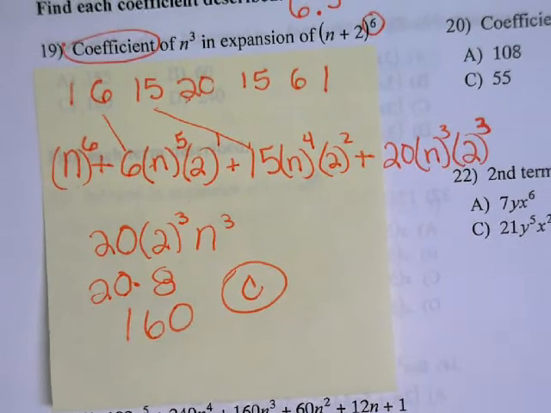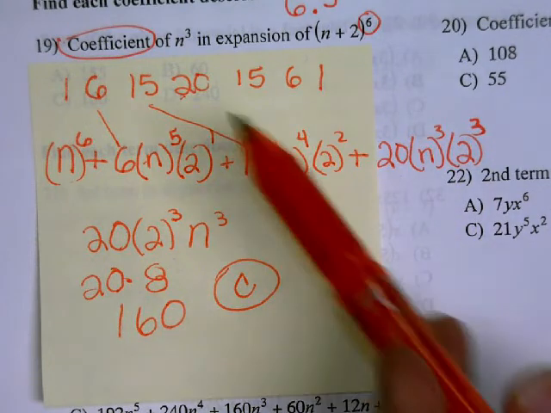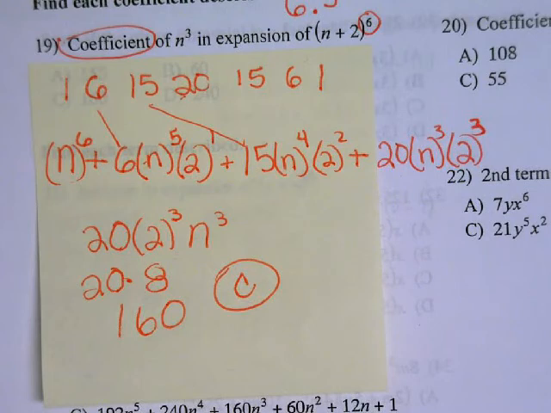Okay, could you do that without me? Could you write down the coefficients from the binomial, Pascal's triangle? Could you march down the row until you hit the right power of n, and then simplify the numbers? Yeah?